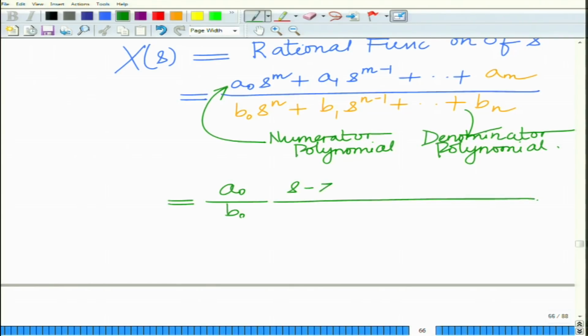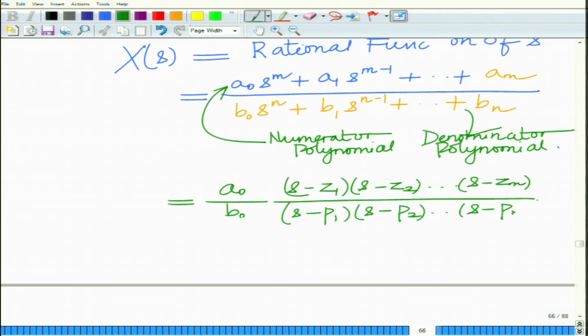And therefore, this can be written as a0 over b0 times (s minus z1)(s minus z2) ... (s minus zm) divided by (s minus p1)(s minus p2) ... (s minus pn), where the roots of the numerator polynomial, that is zk for 1 less than or equal to k less than or equal to m, are known as the zeros of the transfer function, and the roots of the denominator polynomial in s are known as the poles of the transfer function.